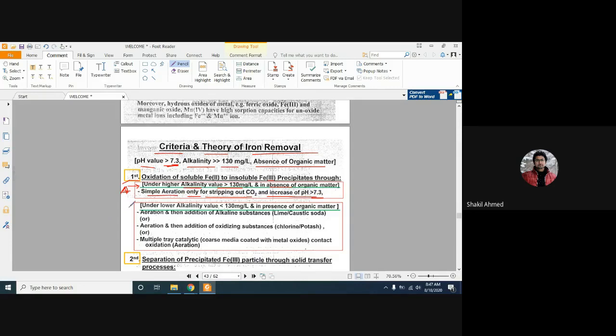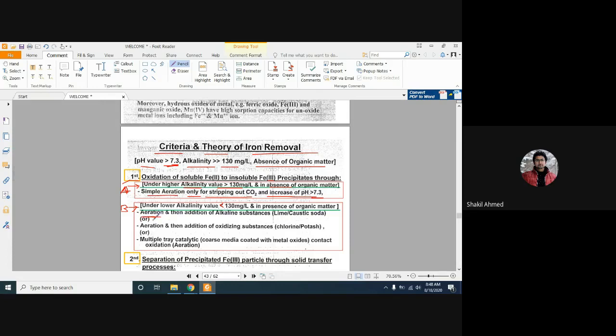But in condition B, for example, you have another water sample which has an alkalinity value less than 130 milligram per liter. In that case, only aeration will not help.